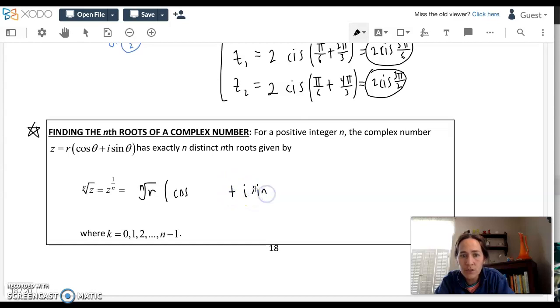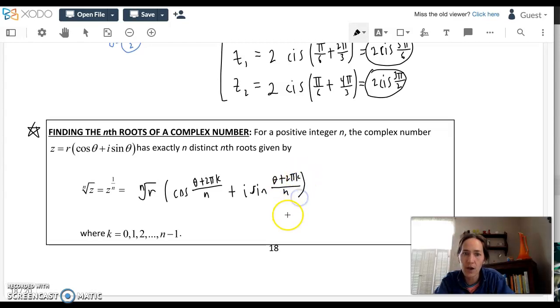Well, De Moivre's theorem would say multiply theta by 1 over n, so take theta over n, and it's not just that, it would be theta plus a few multiples of 2 pi. I'm going to say theta plus 2 pi k over n. You still divide by n, but there's that little added part to it to get more than one solution at times. Same argument here, theta plus 2 pi k over n.